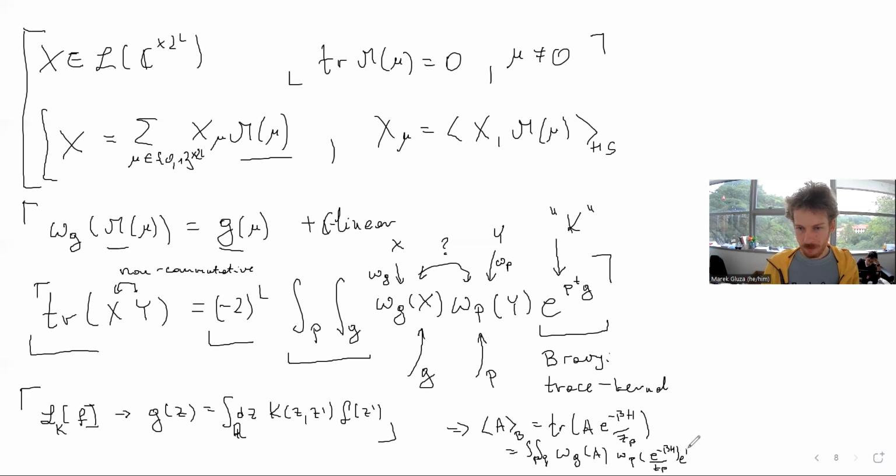And here's still the Bravyi kernel. And that's very non-trivial. So in principle, you can use Grassmann numbers to compute expectation values in thermal states. So that's why I was doing the trace today. We needed the trace to even motivate what's going on.